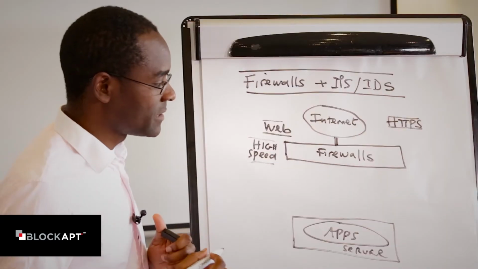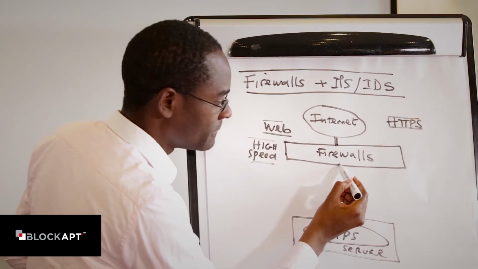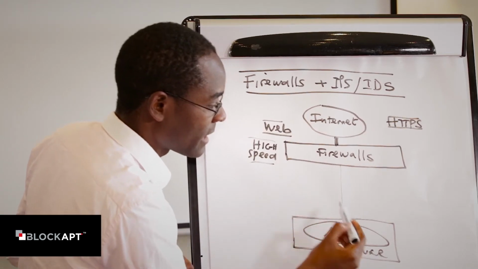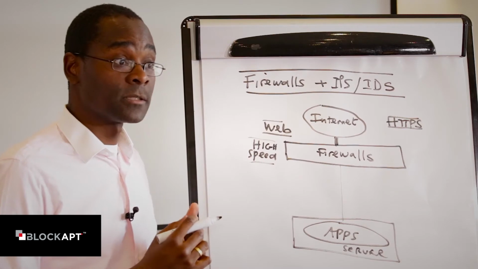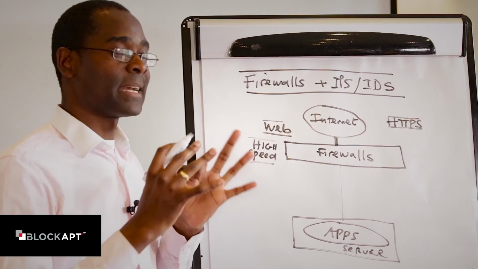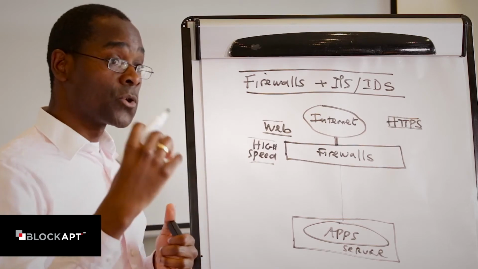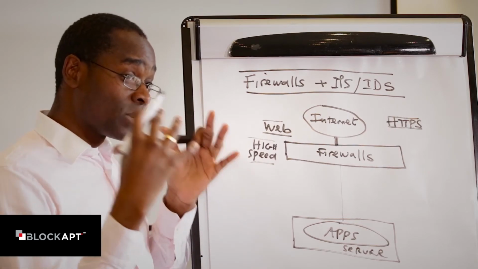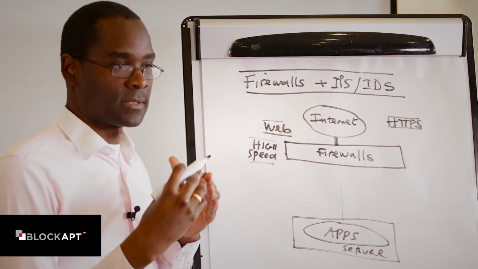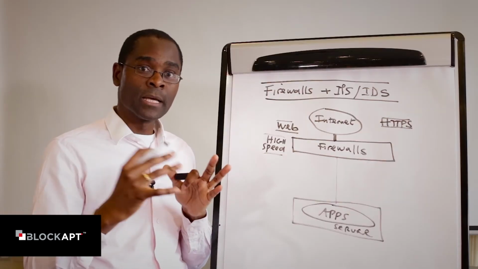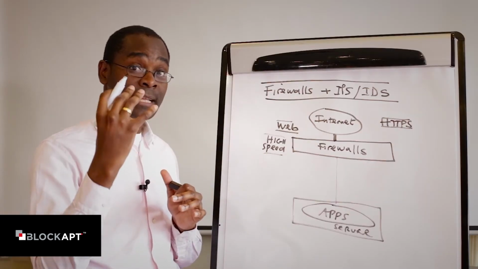But the challenge we have with this firewall is that very often, a lot of them are not very intelligent. When I say not very intelligent, what I'm trying to say is they are not really designed to cope with looking at what's happening inside the actual transaction. Some firewalls do, but a lot of firewalls do not provide that intelligence.